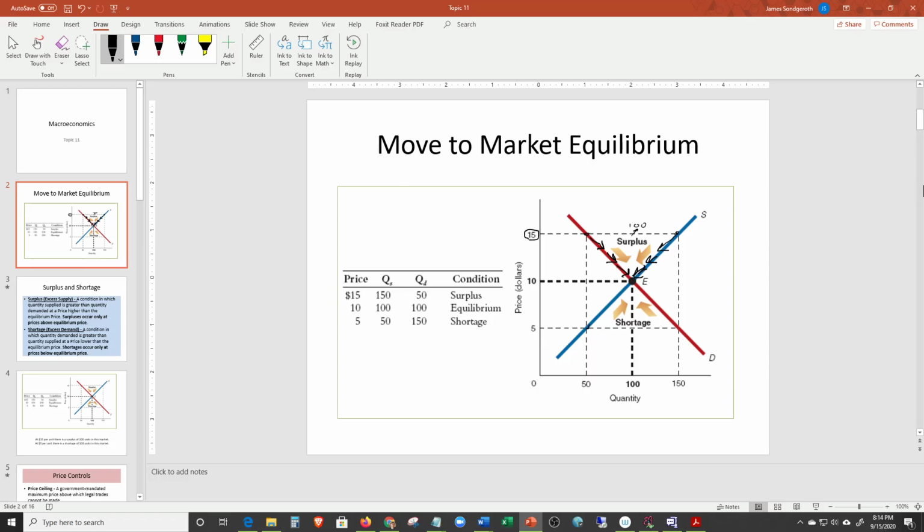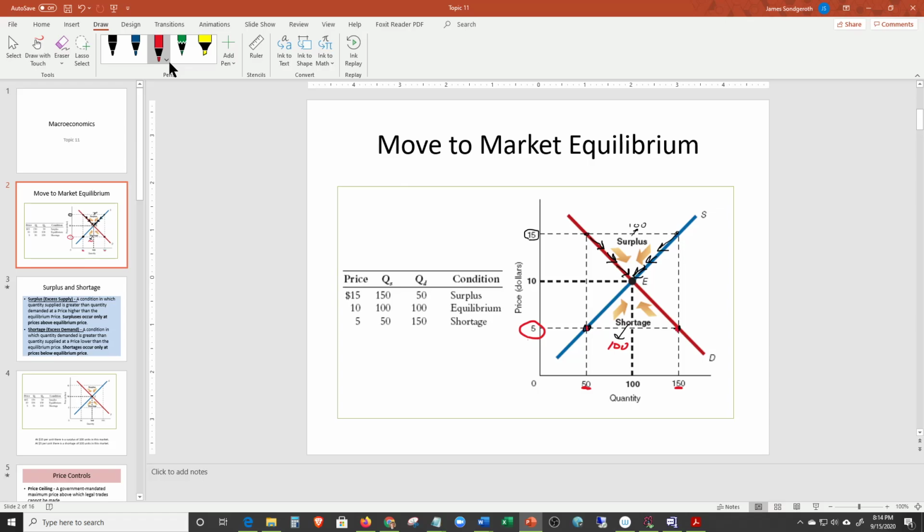And with the shortage, we went through the same graph in topic 10. You can see the shortage here. If the price is, maybe I should go to red here. So if the price is 5, the people want to buy 150, sellers are only willing to produce and sell 50, so there's a shortage of 100. It's now the buyers who are the active ones pushing us to equilibrium. A lot of buyers cannot get the product, right?